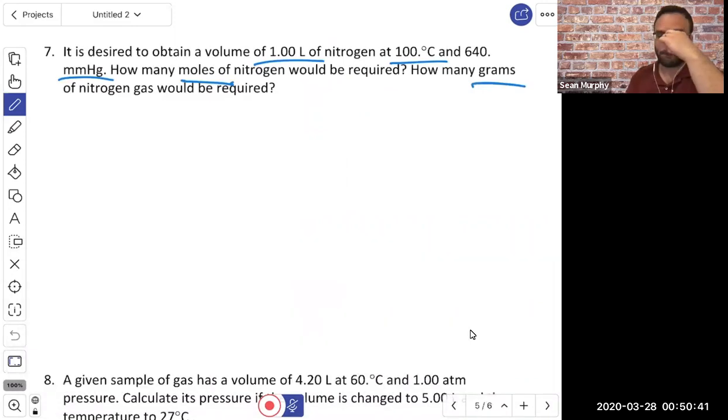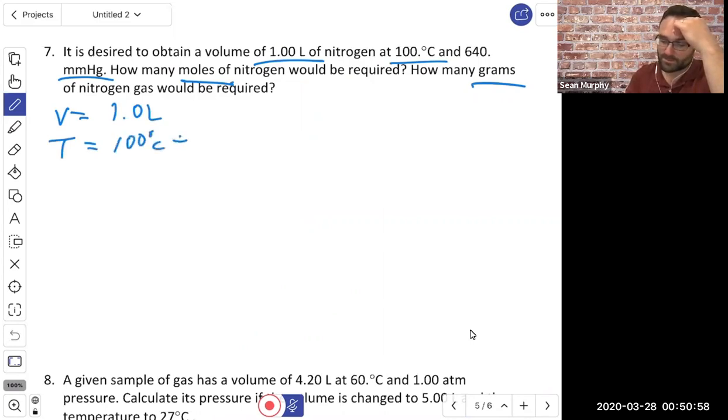So let's do it. We have volume. Is it in liters? Check. Is our temperature in Kelvin? Nope. So we need to add 273 to that. Do not use your calculator for this one. 373 Kelvin.